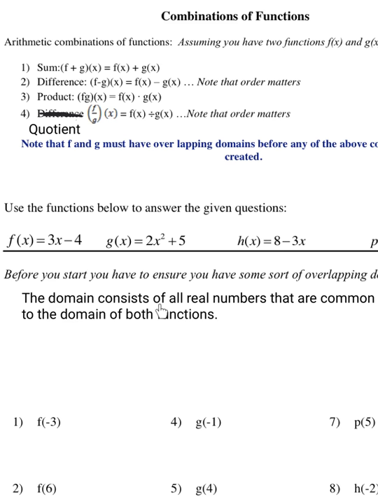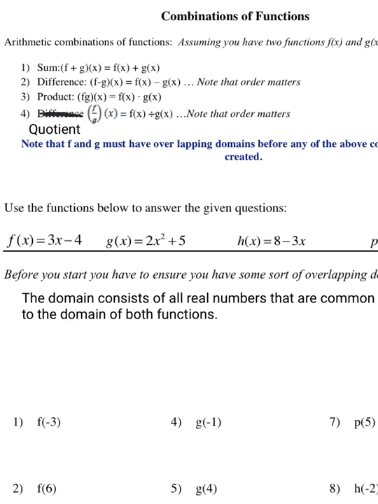That's the one thing that you need to make sure of before you try to combine functions. Most of the time this isn't going to matter because most of the time we're going to be working with polynomials. But if there ever is a chance that that could happen, that's one of the things that you want to check, to make sure that the domains overlap.